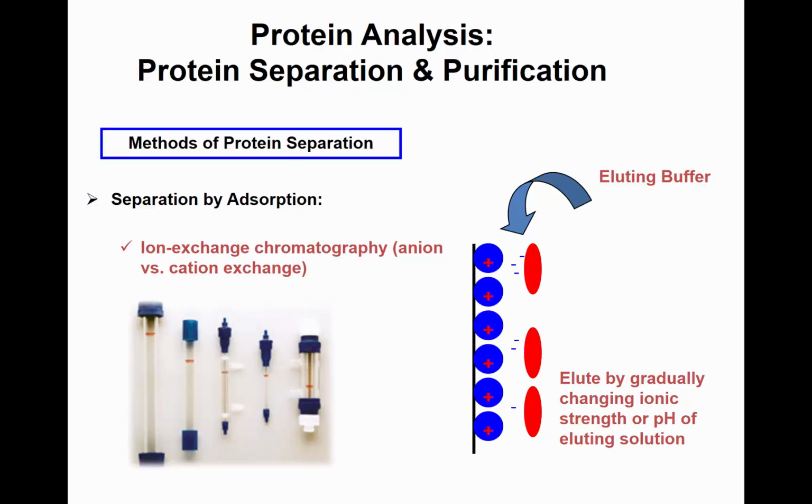What happens if you're titrating with base? You're increasing the pH. What happens to the protein? Will it lose protons or gain protons? It loses protons, so the net charge will be negative.